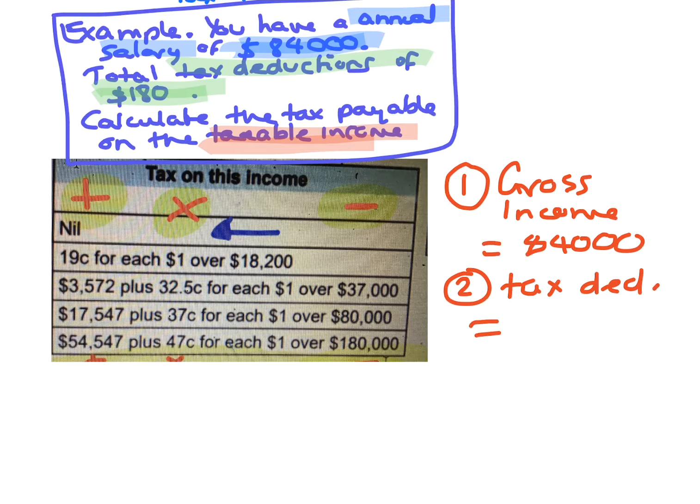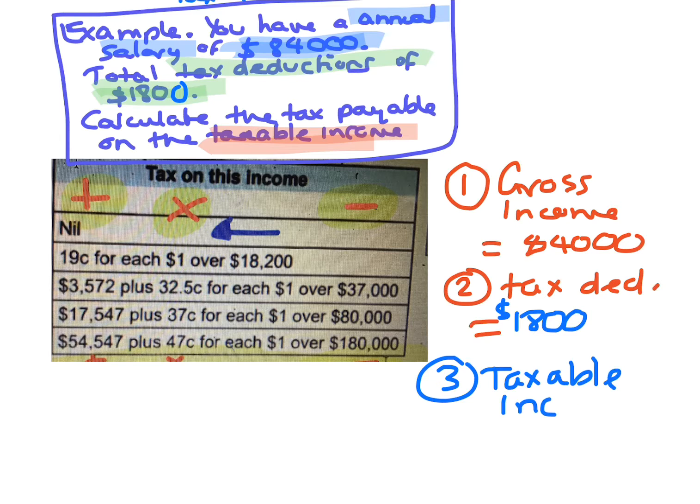And then you take your tax deductions. I've got 180, I'm just going to change that to 1,800, that's probably a more reasonable claim. That's for all the money you spent to earn your income. The taxable income is just your gross income minus the tax deductions.